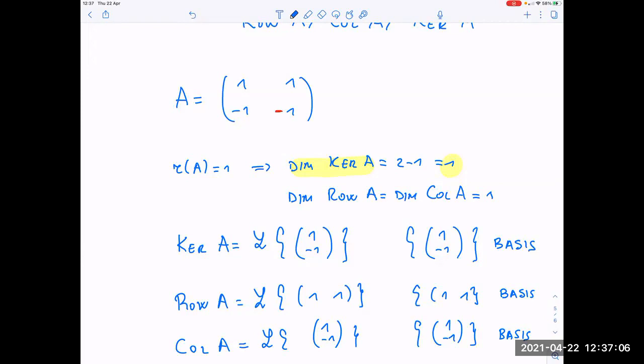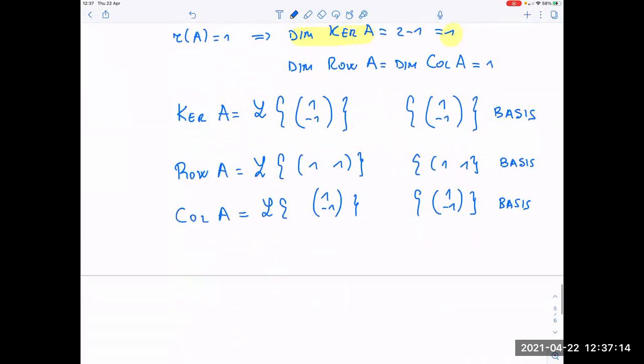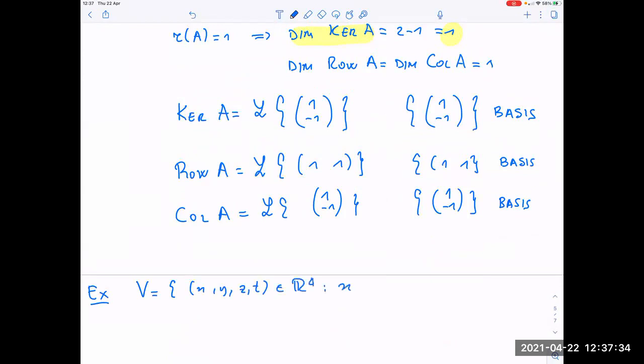Okay, so it looks like we mainly agree on this. So we can move to something slightly different if you don't have questions or remarks. So I write this. Now we have this subspace, x, y, z, t in R4, such that the sum is 0.